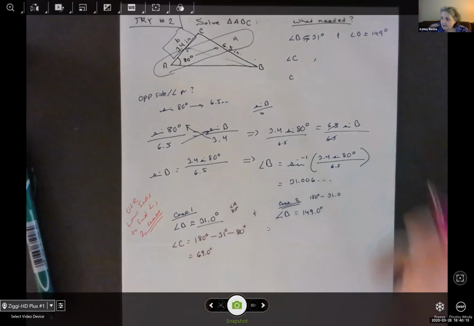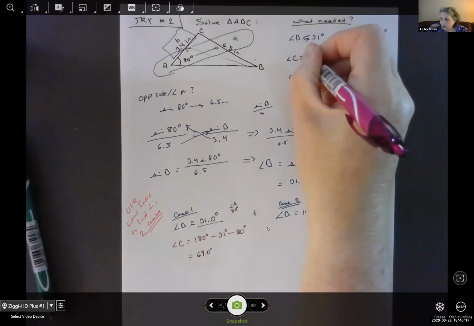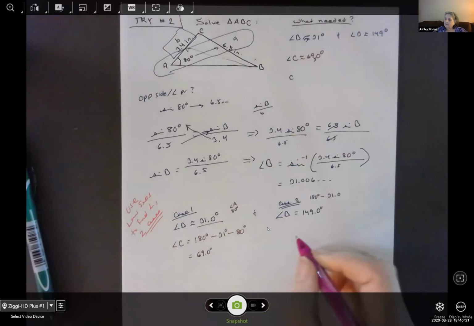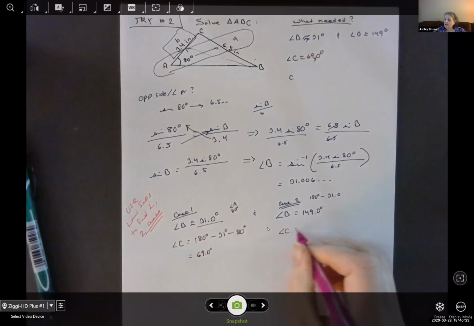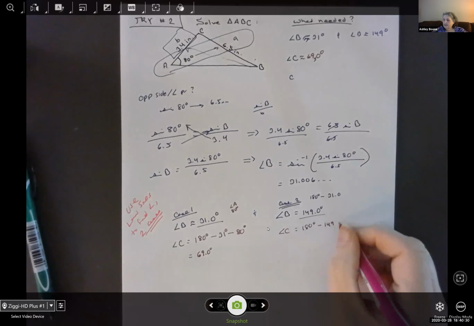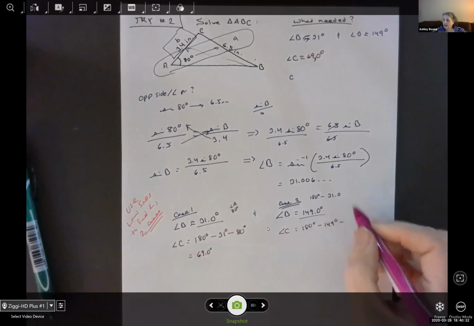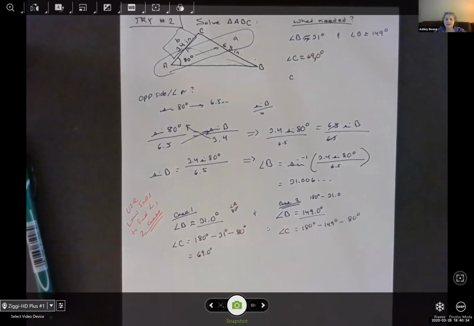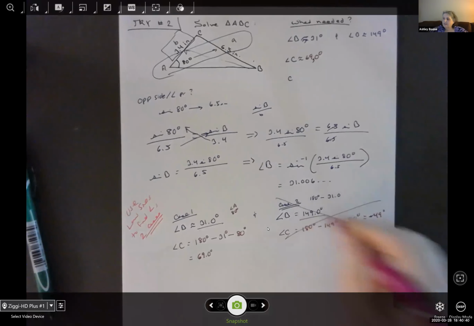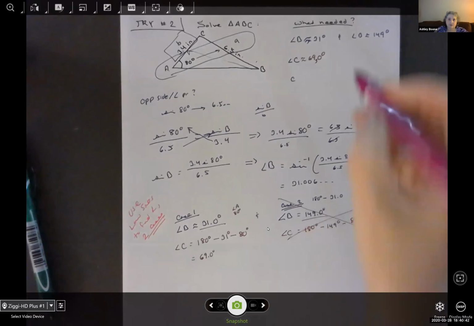So in this case, C is approximately 69.0 degrees. Let's check this case. Angle C would be 180 minus angle B minus angle A. 180 minus 149 minus 80 is a negative 49 degrees. You can't have a negative angle. Case 2 does not exist for this one.